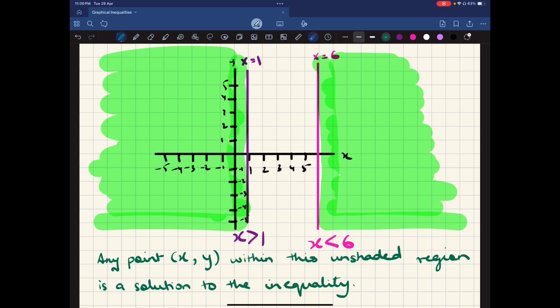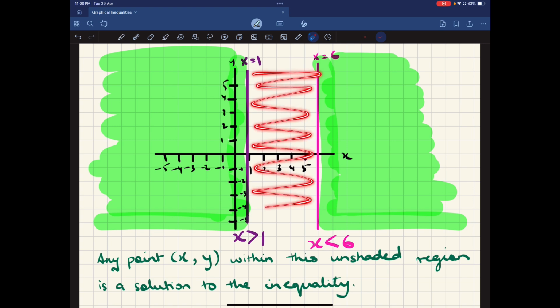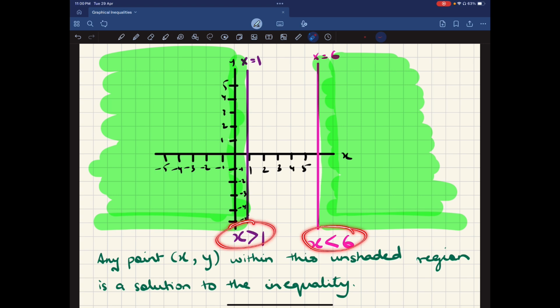Okay, so any point in this region, any set of coordinates, would satisfy these inequalities. And it is not just for this specific question, but for any shading inequality question.